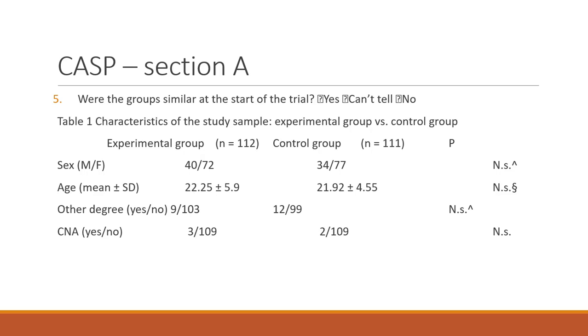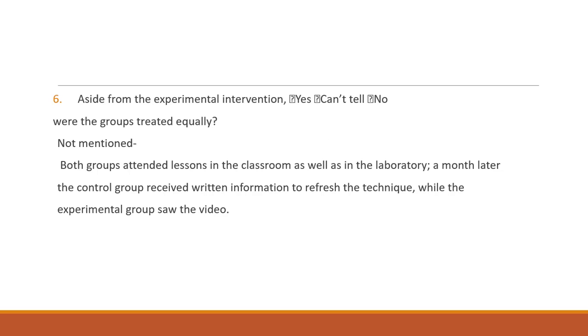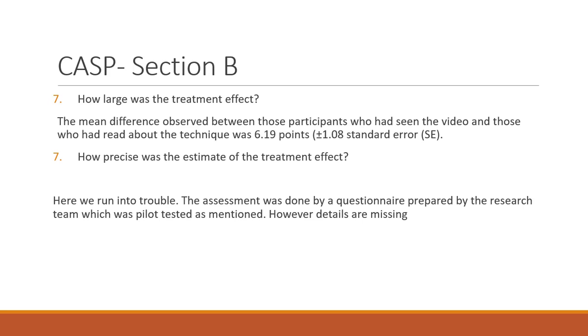So if they were already a certified nursing assistant, they may have been working elsewhere. So we are not able to tell if the groups were treated equally. Were they prevented from working during this 1 month? All that we don't know. So I would give this question can't tell.